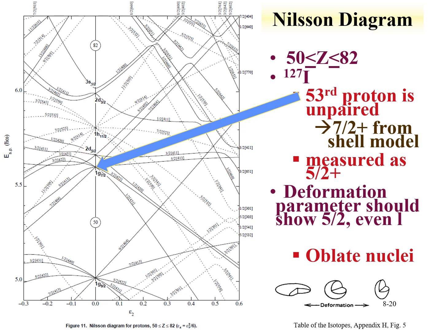The measured spin and parity for iodine 127 is 5/2 plus. So the deformation parameter should show 5/2 with an even L value. The arrows indicate levels that could be occupied by the 53rd unpaired proton in this Nilsson diagram.